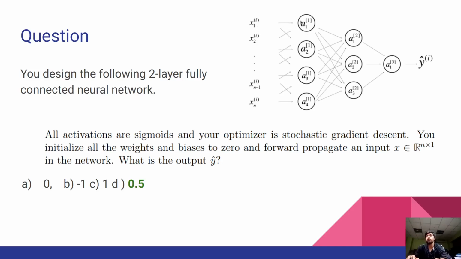So x1 into 0 is 0, x2 into this weight which is 0 is 0, something xn minus 1 into 0 if we take 0. So at this node everything is 0, but we are passing it through a sigmoid function.